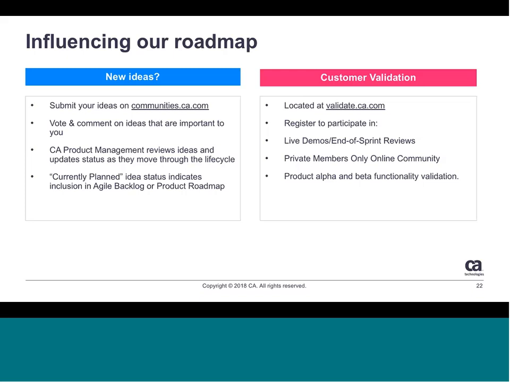So going forward, starting with 9.2, we're trying to release more snippets of functionality or forward-thinking directions for the gateway in order to start to solicit some feedback from our customer base around the direction that we're taking, or the way that we've implemented something. So if you want to participate in that, please feel free to go to validate.ca.com and register yourself, and you'll then be alerted anytime we add something to the Validate page.